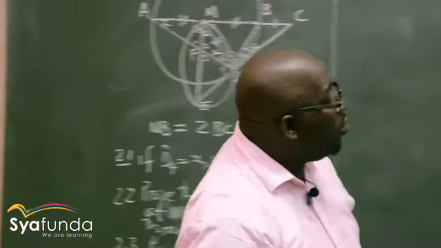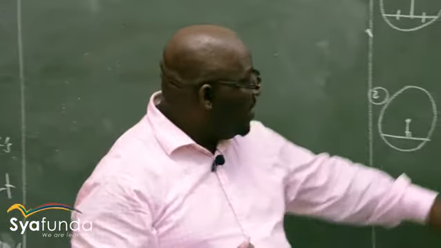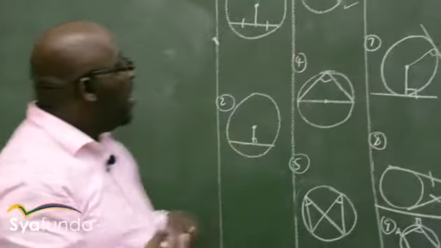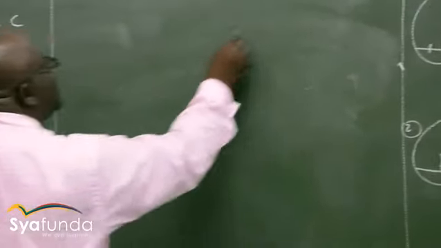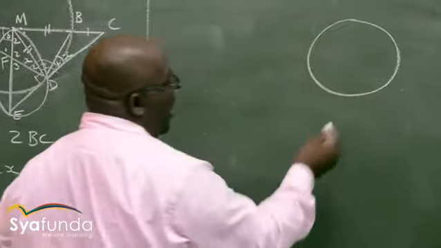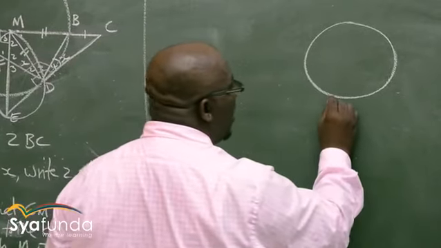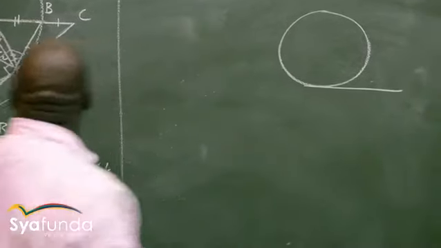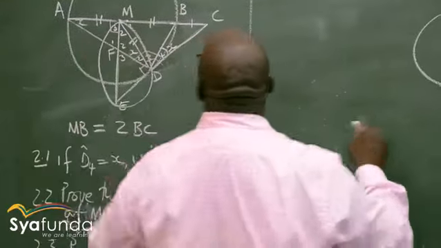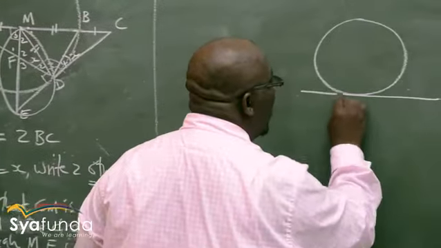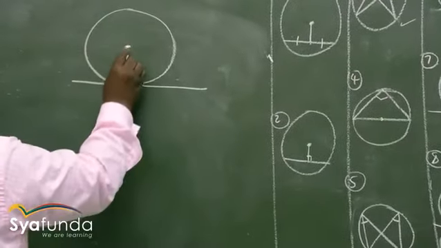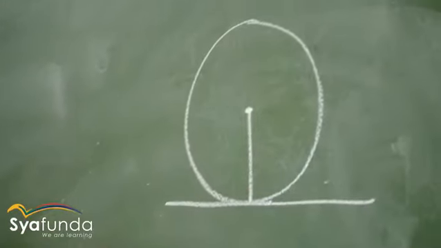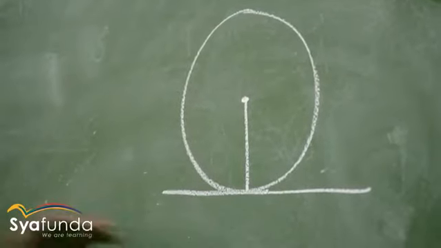Let's check which theorems deal with the tangent. These are the three. What do we know? Let me just show you here. If this is the circle, suppose I don't know the name of this line.